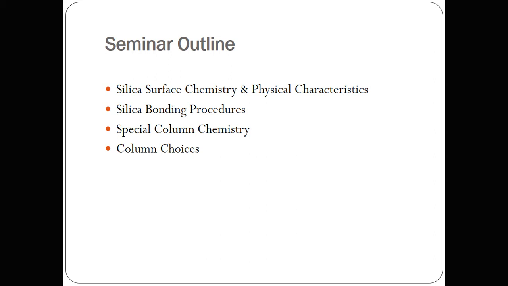I will explain each and every point, and I will give some examples showing that if you use this column, then you will get better results. If you choose this type of column, you will get better resolution and better separation.